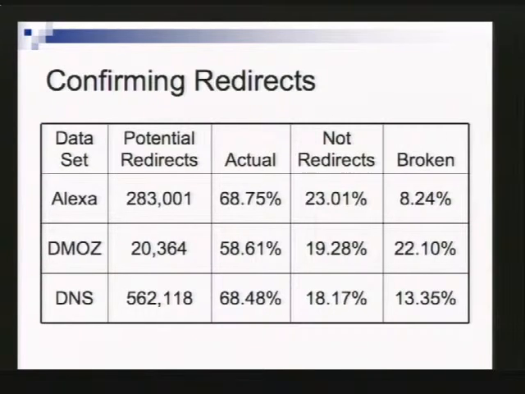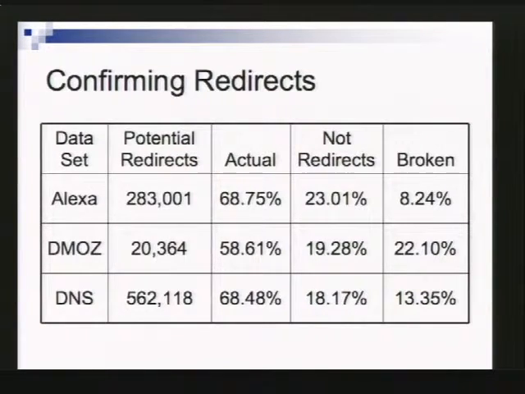So when we looked at that, those 1% numbers, if you remember from the previous slide, if you don't remember those numbers, we had a little less than 300,000 potential simple dynamic redirects in Alexa, 20,000 in DMOS, and a little over 500,000 in the DNS data sets.